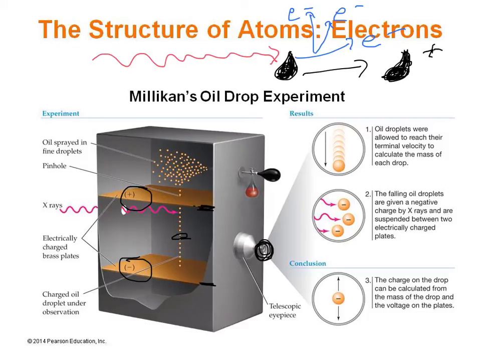Because he knew the voltage between the two plates, and he knew the force due to the pull of gravity on each drop, he was able to calculate what the charge on each drop was. So his experimental design was brilliant, but what he did next I think was even more awesome.